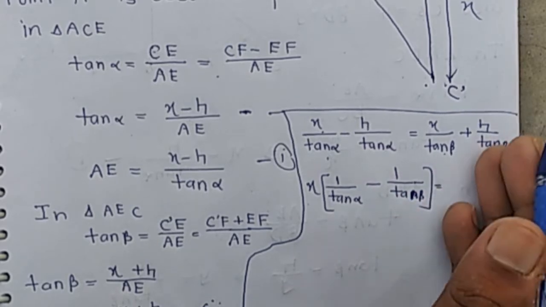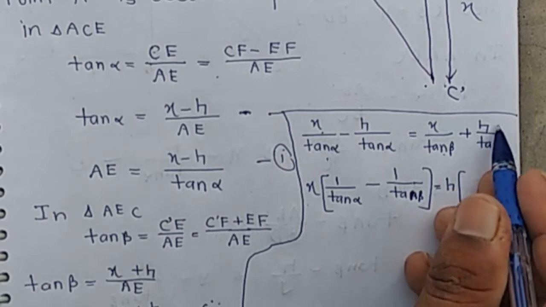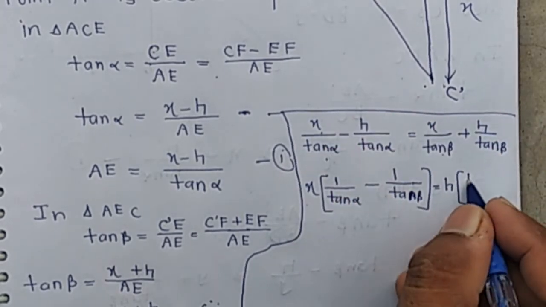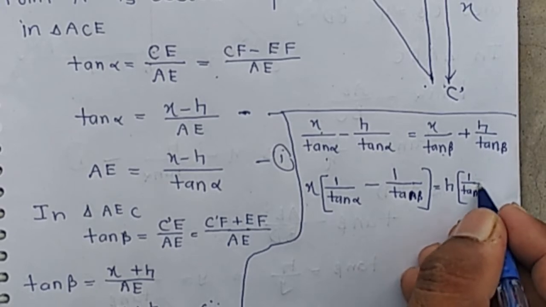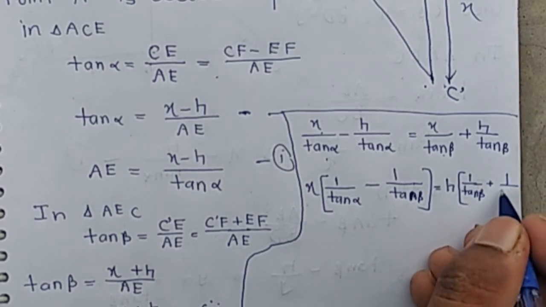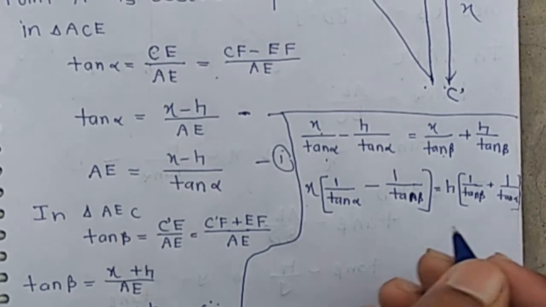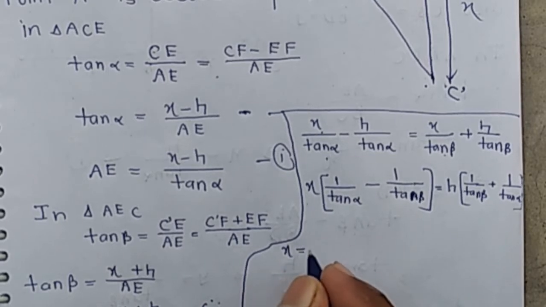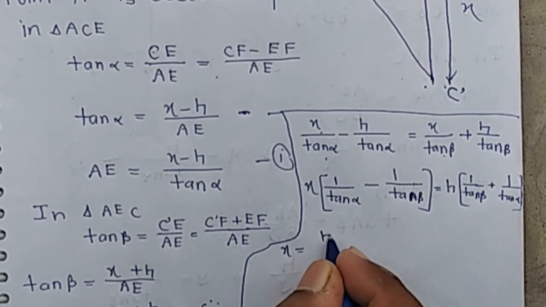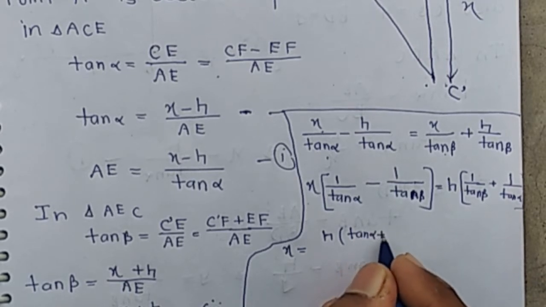Similarly, H by tan beta plus H by tan alpha, we have H times 1 by tan beta plus 1 by tan alpha.